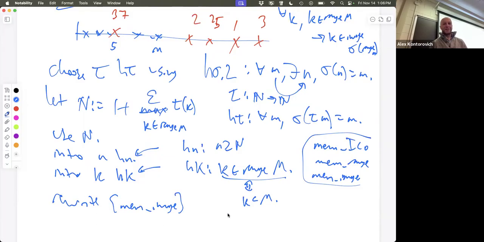Mem image says, now the new goal, instead of saying I need to show that k is in the image, it'll say there exists some j in range n such that sigma of j is equal to k.